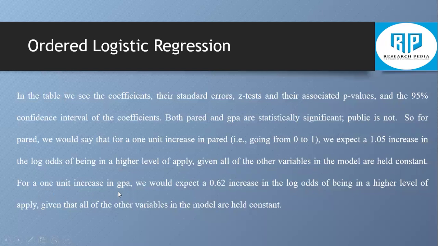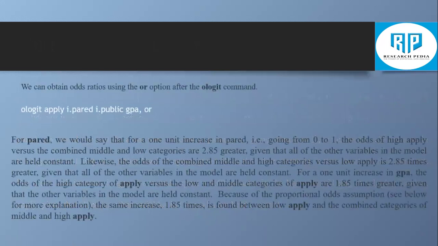So for a 1 unit increase in GPA, we would expect a 0.62 increase in the log odds of being in the higher level of apply, given all the other variables in the model are held constant. So this is the particular way of interpreting our ordinal logistic regression.